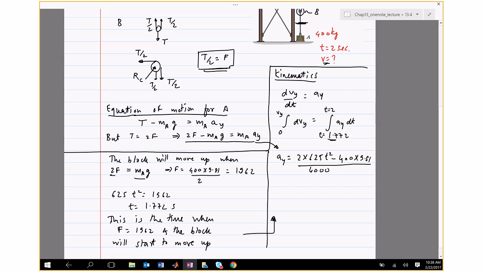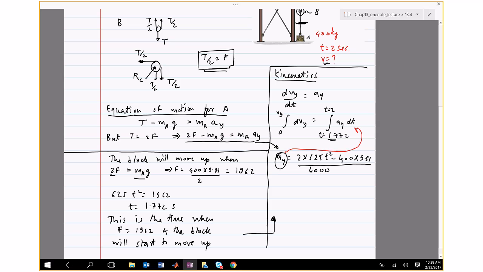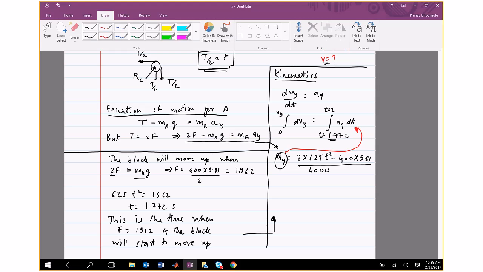So what you can do is I take this, I shove it in this equation. That's going to be a function of only time, and then I can integrate that thing with respect to time. Okay, so that's just math. I'm not going to do that here. I'm just going to write the answer, and you got to go check this at home.